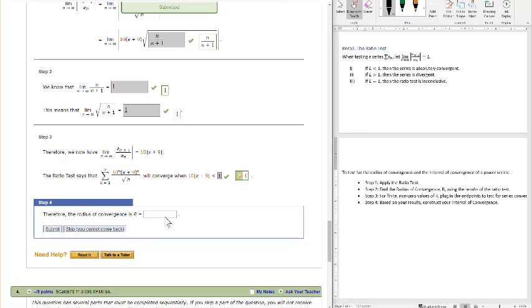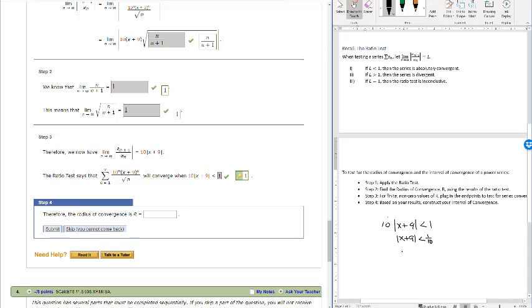If we take a look at this and solve for it, let's quickly sketch it out. 10 times the absolute value of x plus 9 less than 1 gives us the absolute value of x plus 9 less than 1/10.